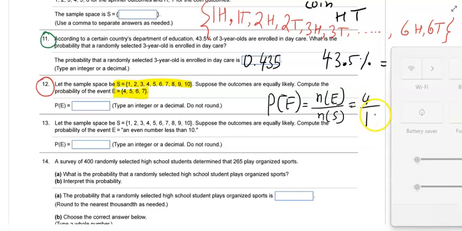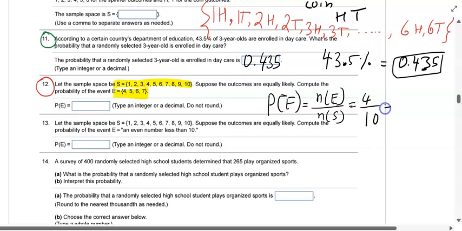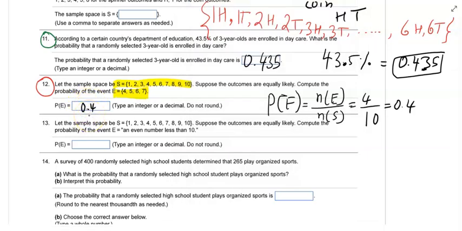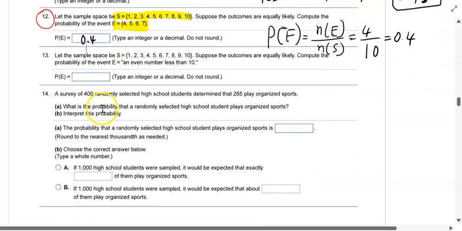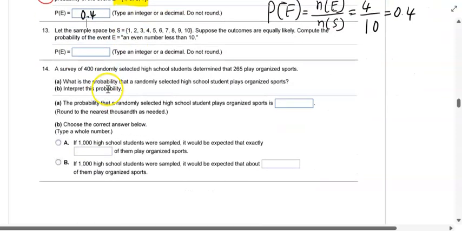The answer as a decimal is going to be 0.4, because the instruction says type an integer or decimal, do not round. Therefore you put 0.4 here. Number 13 is similar to number 12, therefore I won't do that.